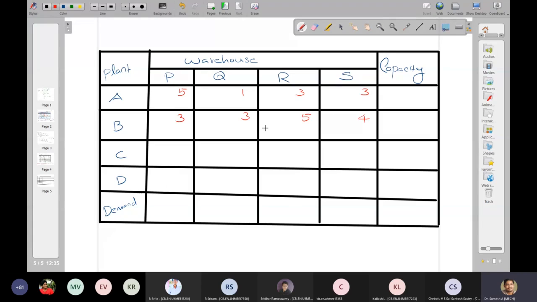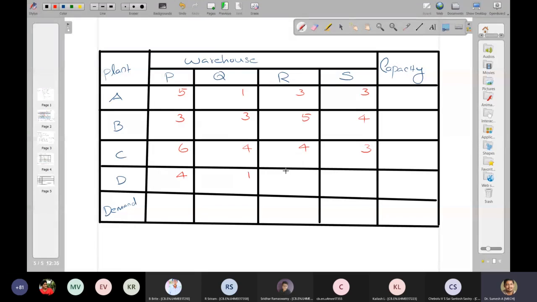Next is 6, next is 4, 4 and 3. You will have DP as 4, then DQ as 1, DR as 4, DS as 2.